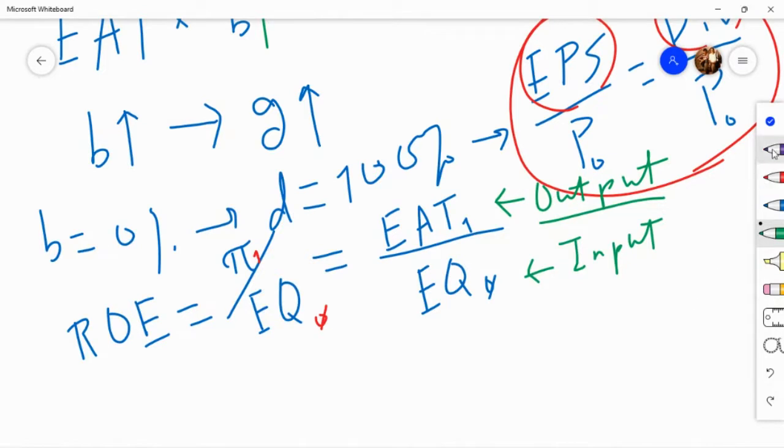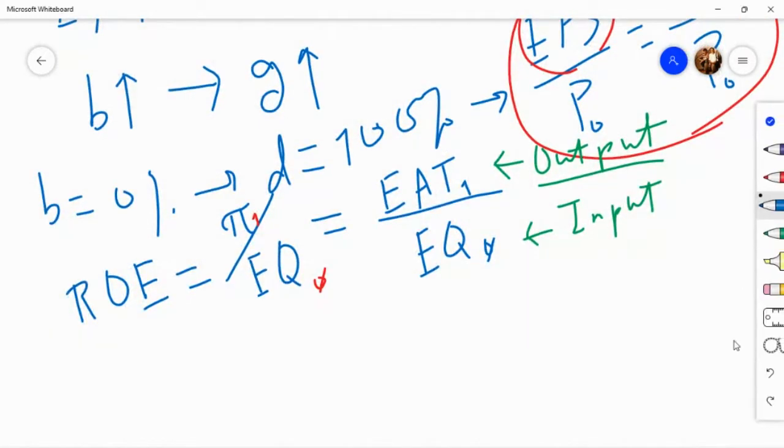So to find how much the stock will grow, to find the growth rate, the very basic growth rate is then return on equity times plowback ratio. Okay? So think about it.